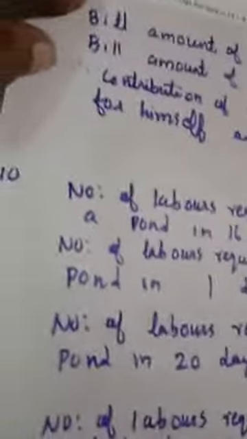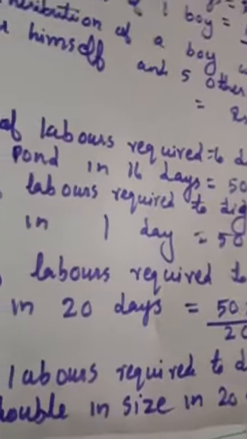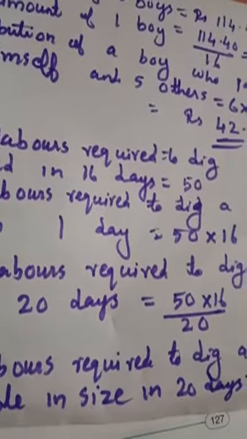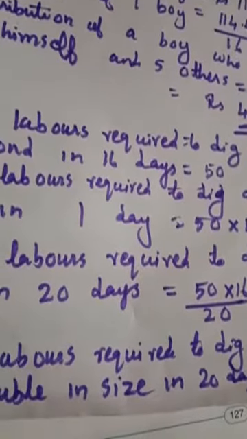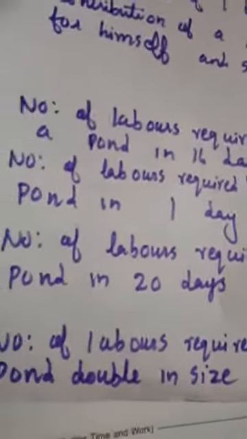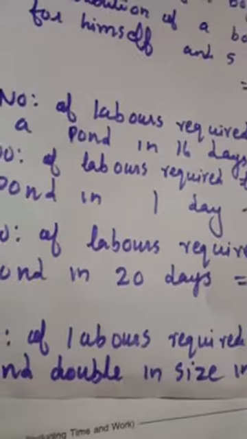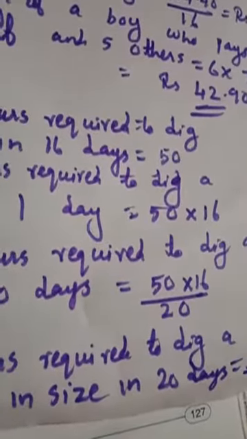See once again, first we have been given that the number of laborers required to dig a pond in 16 days is 50. Now we want to find for 1 day. Number of laborers required to dig a pond in 1 day is equal to 50 into 16.